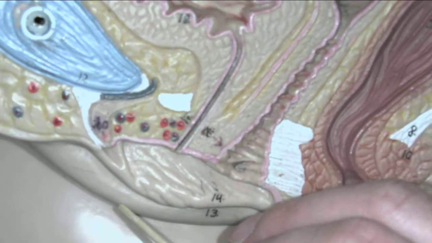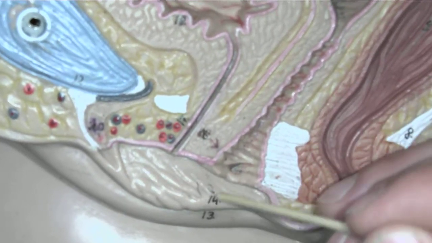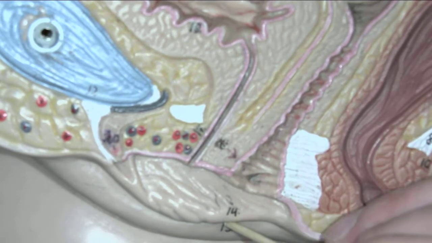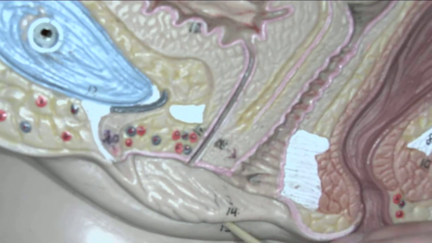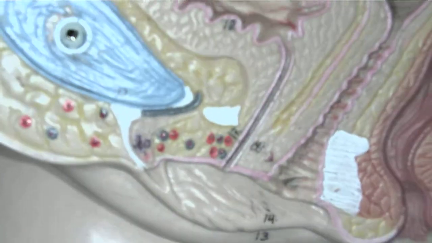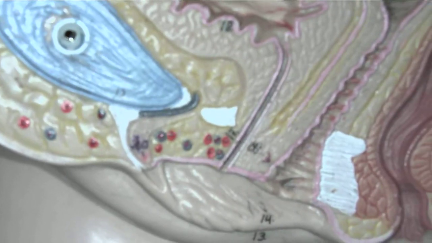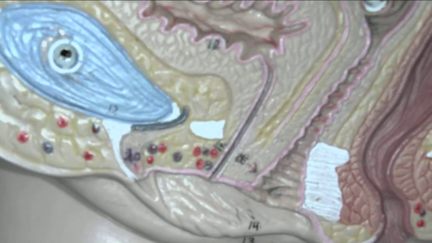Before I move on to the rest of the external genitalia, the labia minora. Obviously you have two of them. So this is also the labia minora, and these are the vestibular glands that lie in the vestibule.